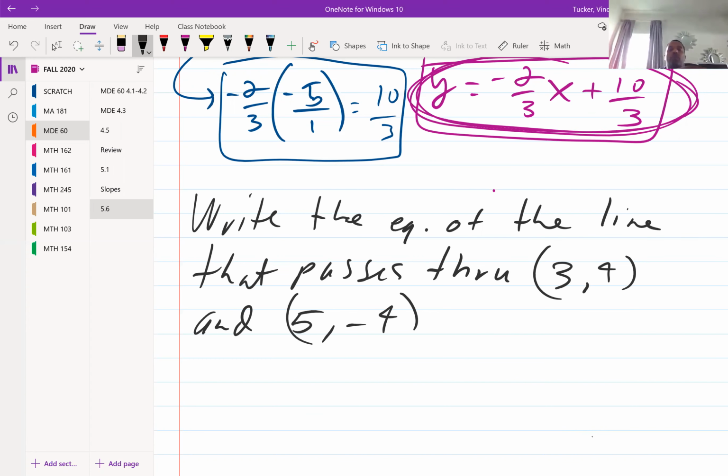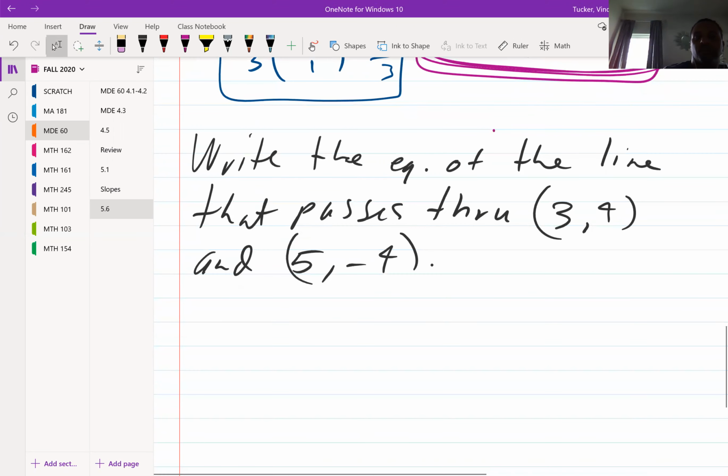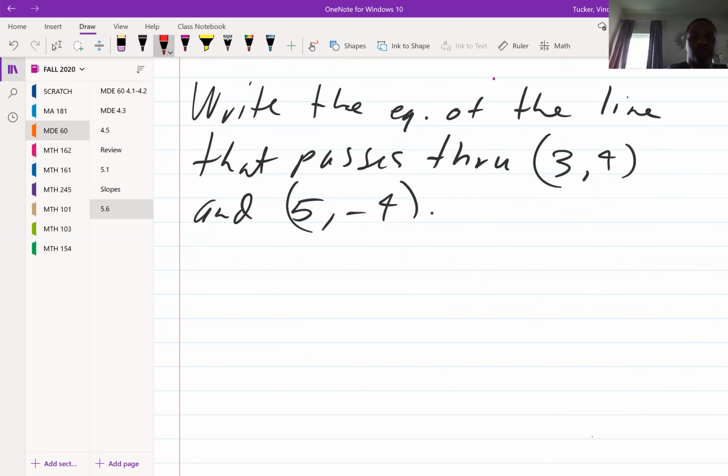All right, so write the equation of the line that passes through the points (3, 4) and (5, -4). Notice this one is different in comparison to the last two that we've done. The main difference is that we do not have a slope.